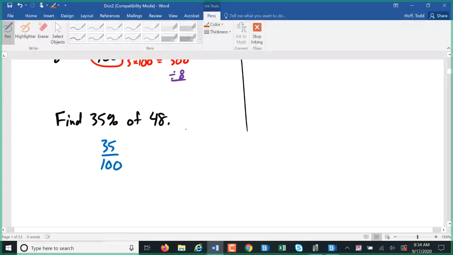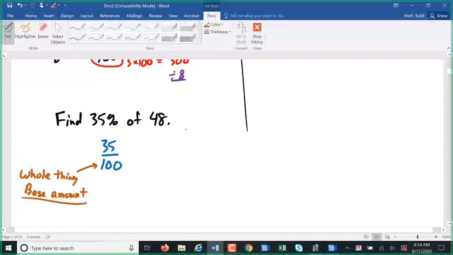Now, before we go any further, let's talk about what those pieces mean in that ratio. The 100 actually represents 100%. Remember, 100% is the whole thing. For percents, we refer to that as the base amount.